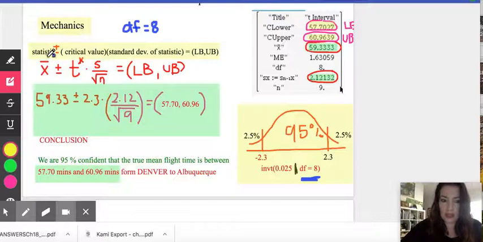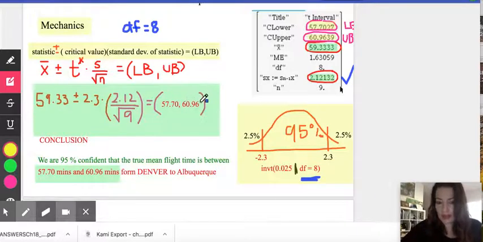Our statistic is x bar, the sample mean, plus or minus our critical value, T crit, which we found by going to inverse T, is 2.3, times the standard deviation of the statistic, which is our sample standard deviation divided by the square root of the sample size. Our sample standard deviation is given right here. All we need to do is enter those numbers in the formula and find the lower bound, which I have highlighted in yellow here, and the upper bound.